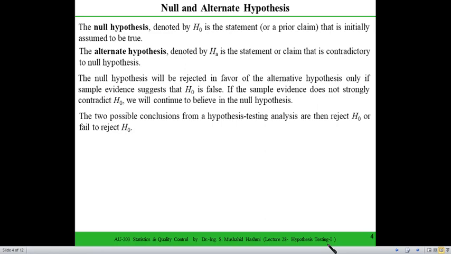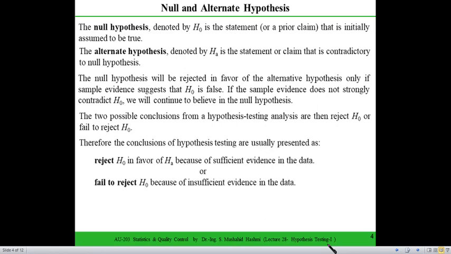Either you reject H naught because your evidence is not in favor of the null hypothesis, or even though your null hypothesis was incorrect, you don't have enough evidence and you fail to reject H naught. So these are the two possibilities.